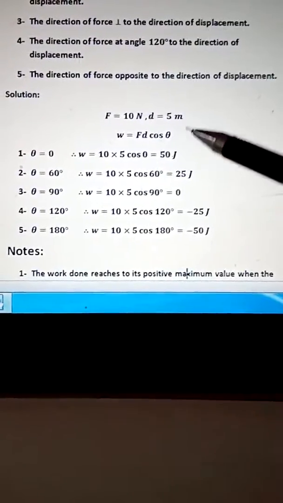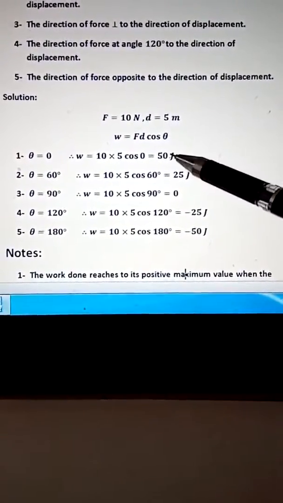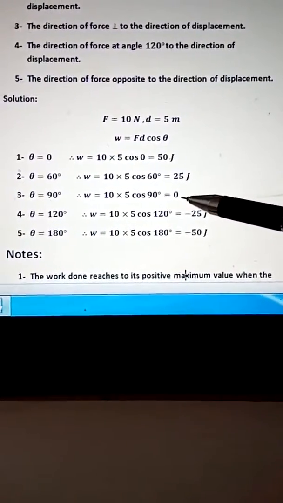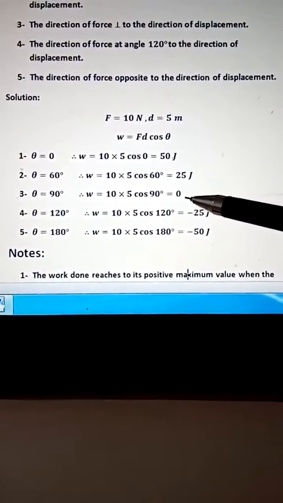Note that work done is positive as theta is an acute angle between 0 and 90 degrees, and work done vanishes when the direction of force is perpendicular to the direction of displacement.